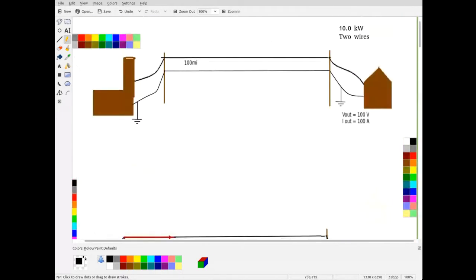Before we get into looking at the three-phase system, I also want to discuss why we care.